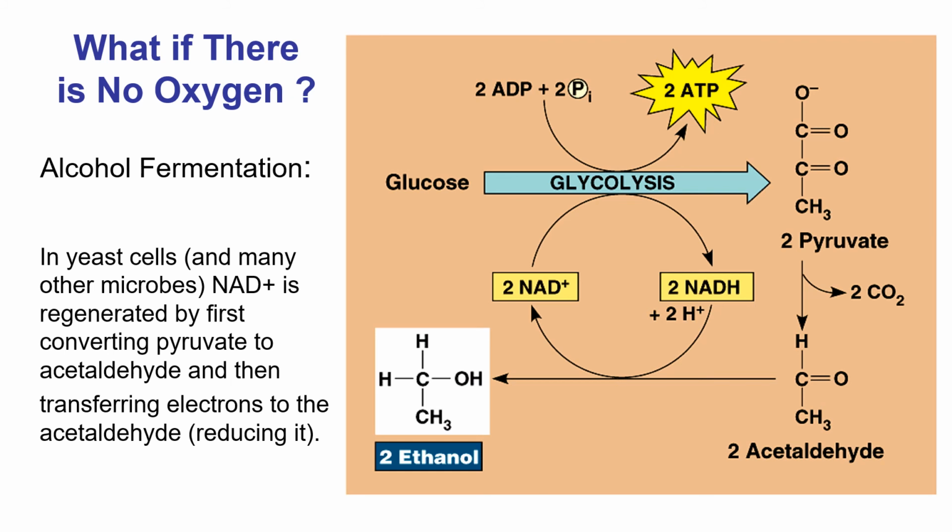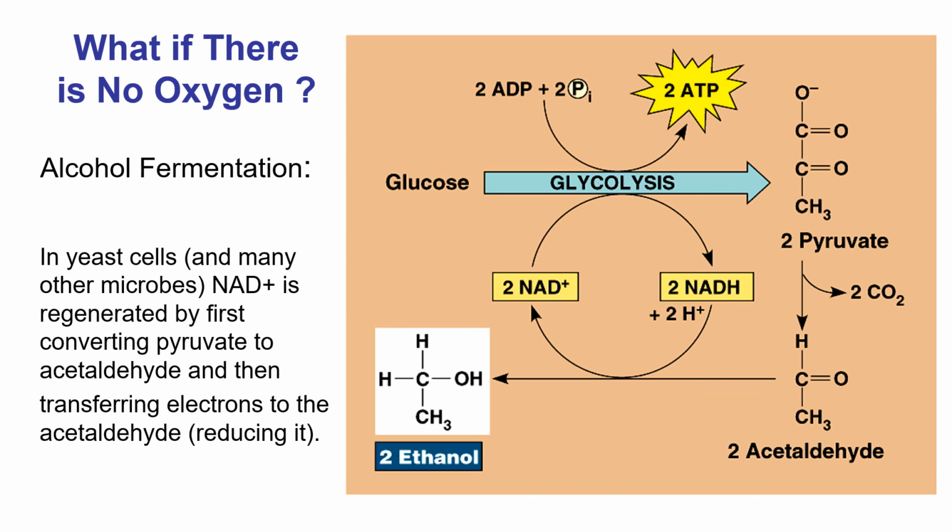And what a lot of cells can do in the absence of oxygen is they can take those electrons and stick them to something else. Pyruvate is a good target because pyruvate is not going to be used by the mitochondria. So in yeast cells, for instance, if they have oxygen, they can undergo all the steps of cellular respiration.